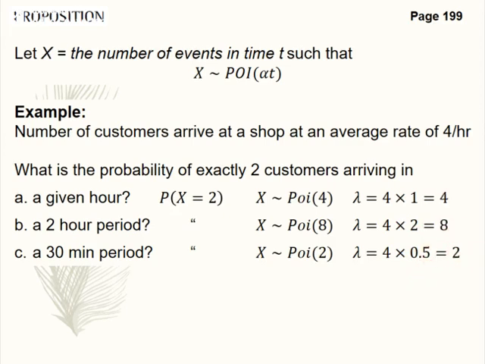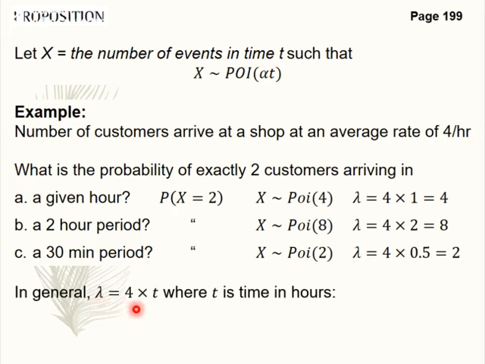In general, suppose I gave you any time interval, you are going to take the parameter equal to 4 times t, where t is some time in hours. So for this particular example, my x always followed a Poisson with parameter 4t.